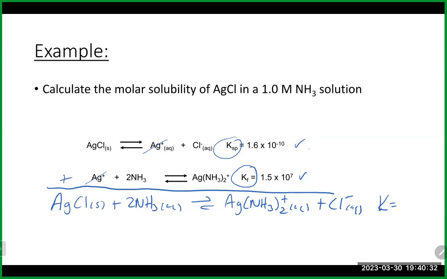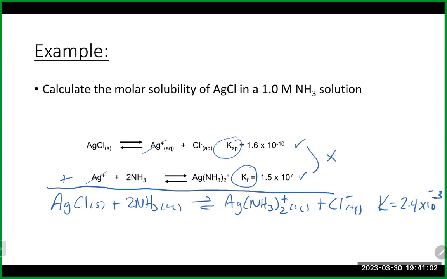So we take these two and multiply them together to give the K value for the overall reaction. In this case, it would be 1.6 times 10 to the minus 10 times 1.5 times 10 to the 7, which gives a K value of 2.4 times 10 to the minus 3. Any questions on that?